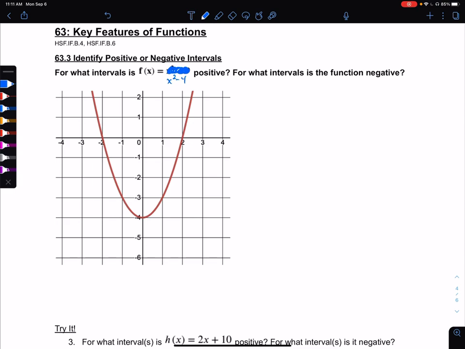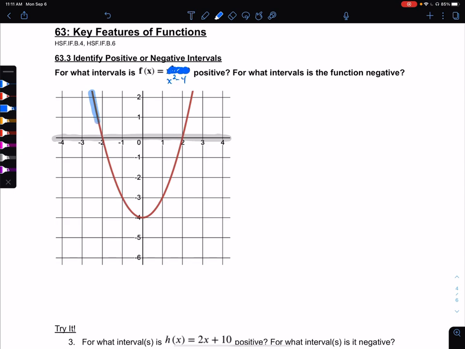So to determine positive and negative intervals, we want to look at the graph and focus on the x-axis. We want to look at the parts of the graph that are above it and the parts of the graph that are below it. So we're looking ultimately at the y values, and we want to know when the y values are positive, above the axis, and when they are negative, below it.